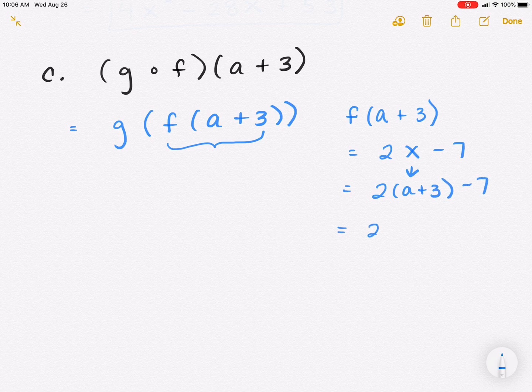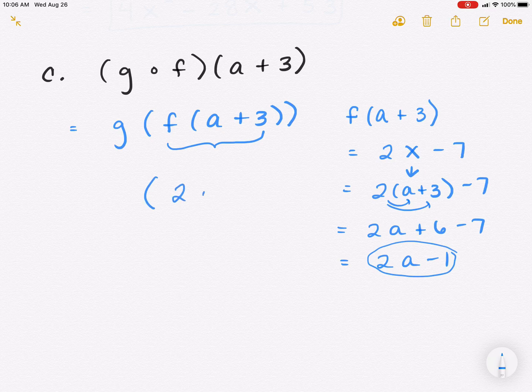And then we're going to distribute the 2, right, minus 7. And I'm going to keep simplifying. So this is what f of a plus 3 equals, 2a minus 1. So this f of a plus 3 can be replaced with 2a minus 1.